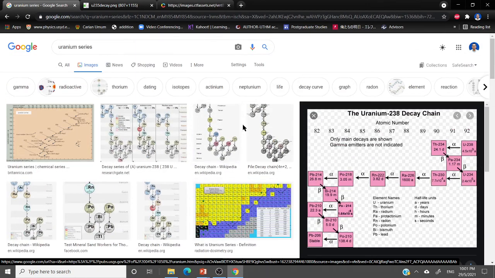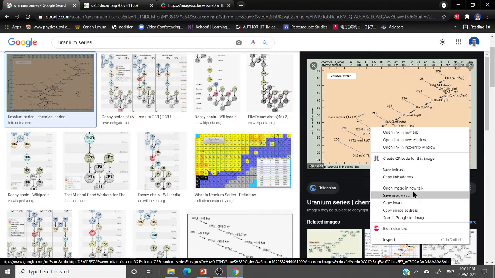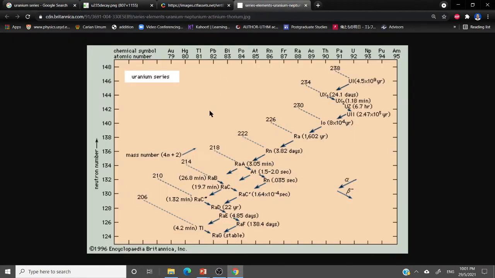Perhaps this is more comprehensive. To the right, the atomic number increases, and upwards, the neutron number increases.